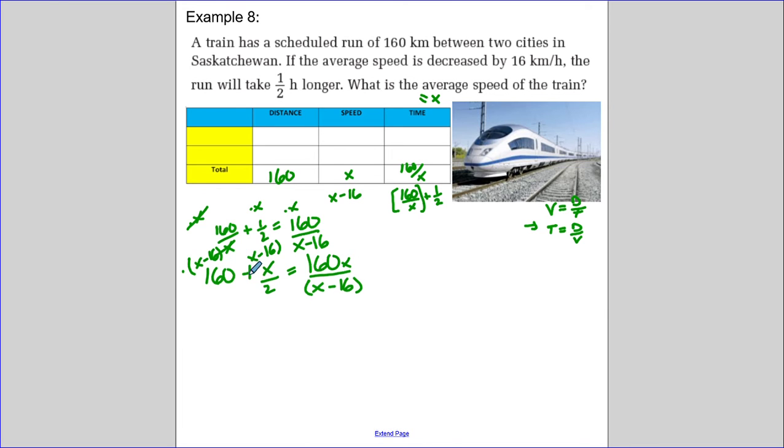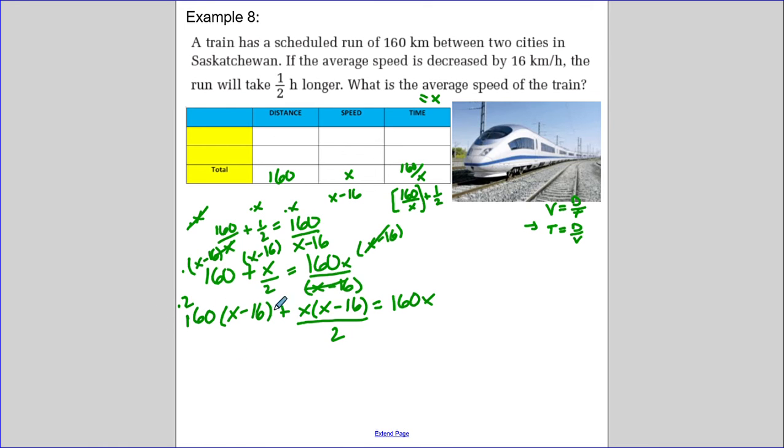The x minus 16s cancel. I've got 160 times x minus 16, plus x times x minus 16, is equal to 160x.